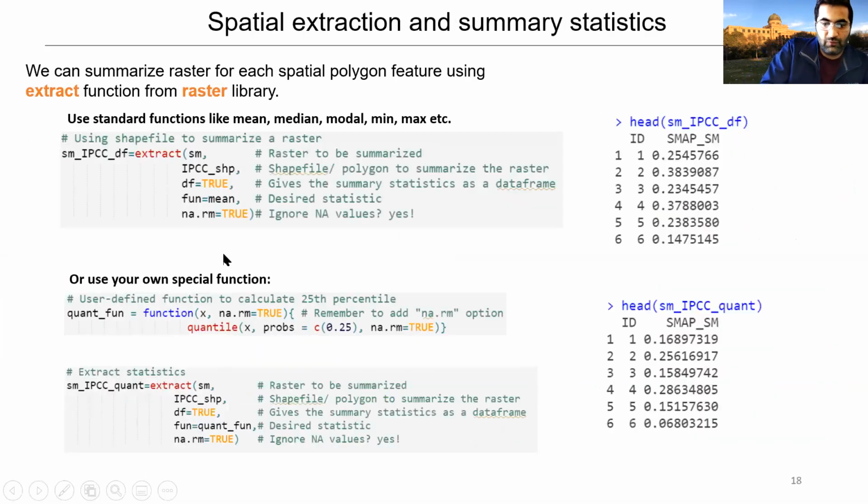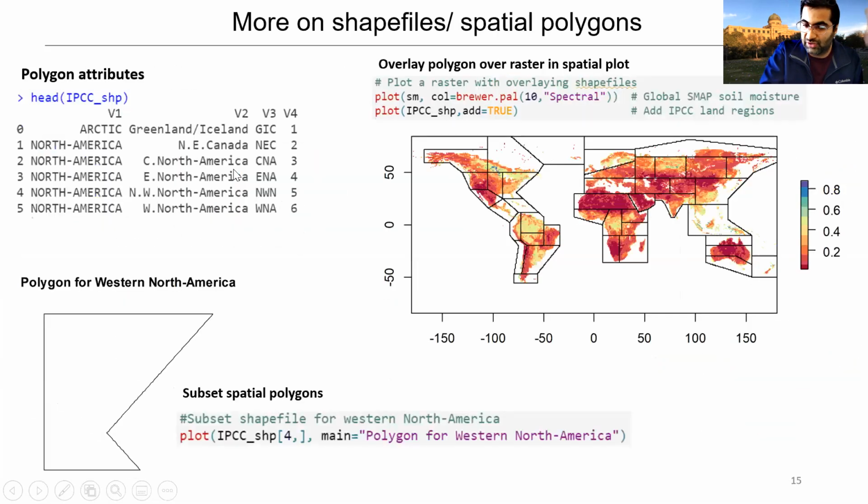Let me highlight what I'm talking about here. Using this function extract, I'm using my raster to summarize the values. The values have to be summarized for the features in the IPCC shapefile. You remember the global polygons that we were talking about here. So we are summarizing the values for each of these spatial features.